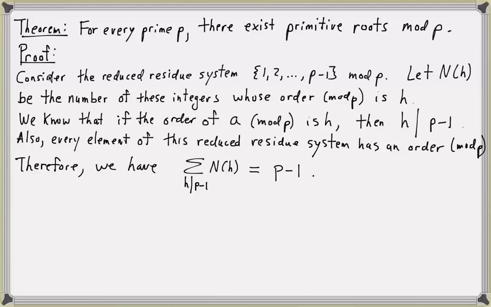So what we're going to show is that capital N of h actually equals phi of h for each h dividing p minus 1. But first we'll show that it either equals 0 or equals phi of h.